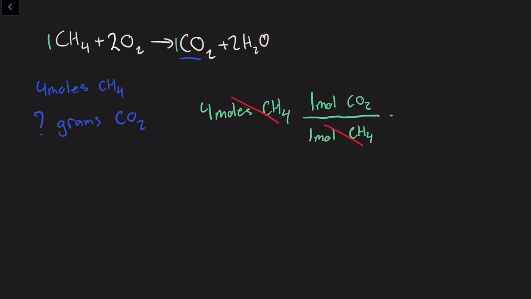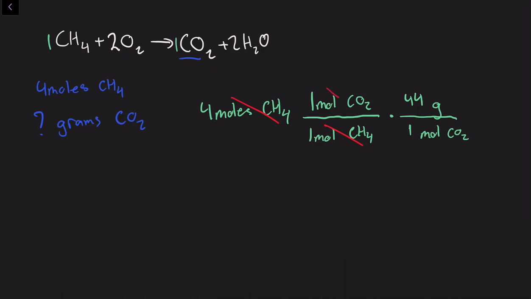So we can further multiply this now by the molar mass. We want grams, so we're going to have our grams on the top and our moles of CO2 on the bottom. And if we look at the molar mass, for every 1 mole of CO2, that equates to 44 grams.